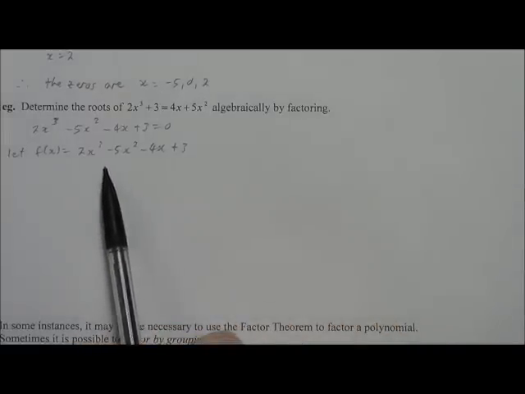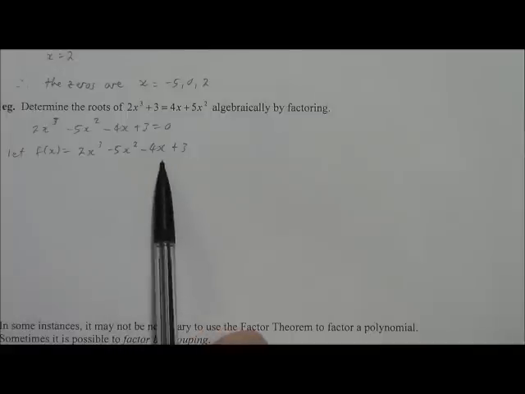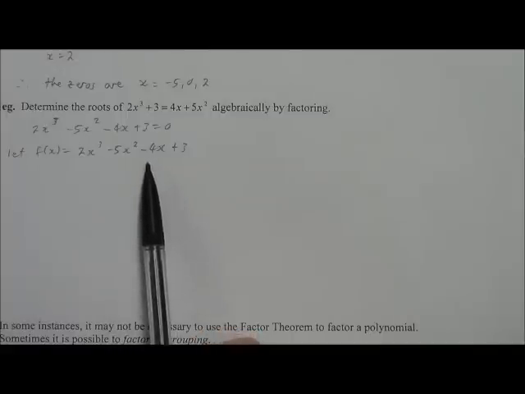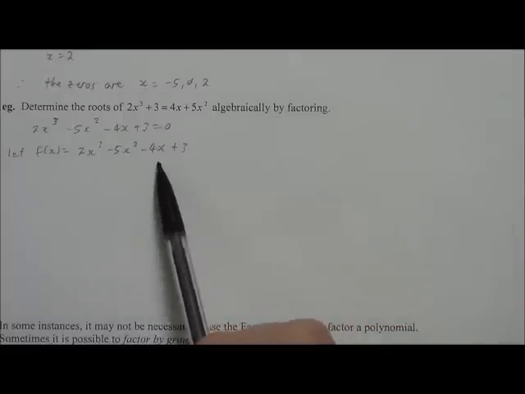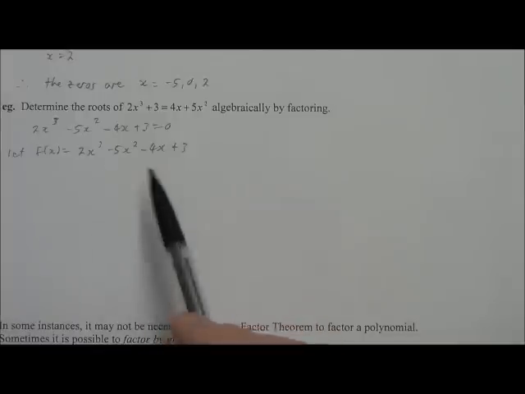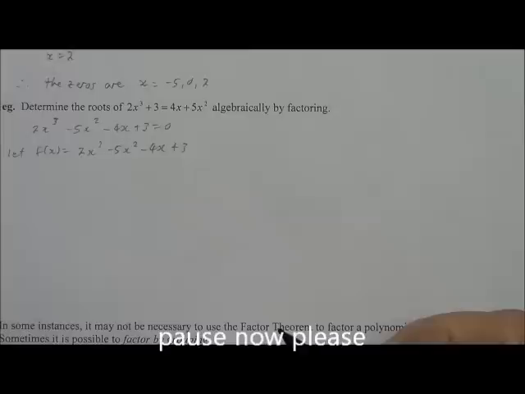Because I don't think I can factor this very well as it is, I'm going to use the factor theorem to figure out what a possible factor of this could be. So please pause the video and find your factors using the factor theorem.